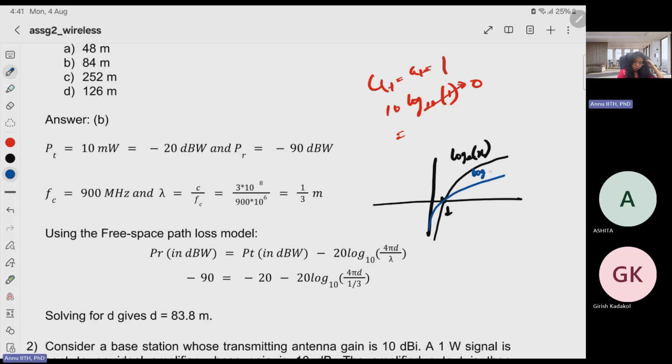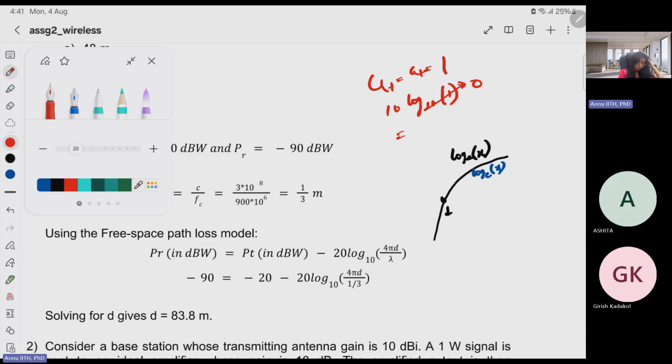This is log base e of x. Using different colors, it's very important to analyze, that's why I'm telling.